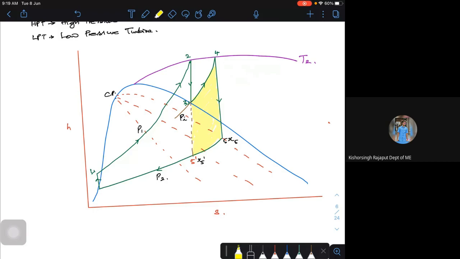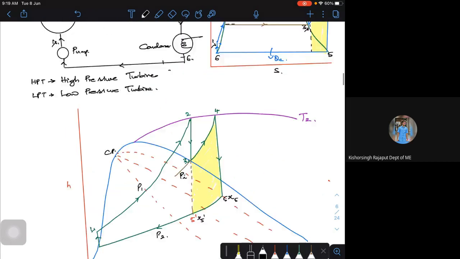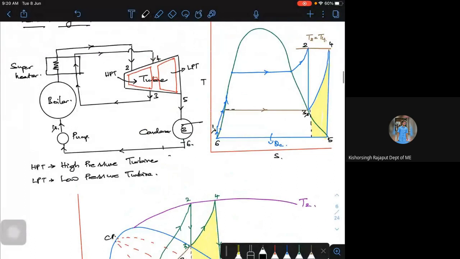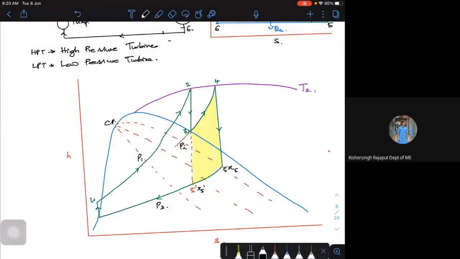That means I am able to extract more work because of reheating. Because of the reheating, I'm supplying a certain amount of heat, but at the same time I'm utilizing what would have gone as waste heat energy in a superheater. I'm going to reuse that heat and increase my thermal efficiency. So that is the advantage of reheating.